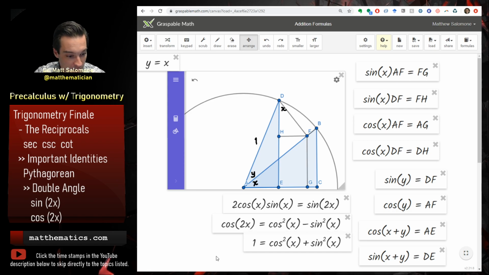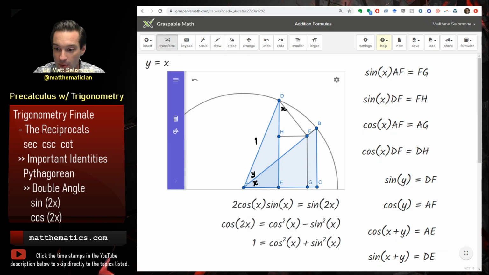On the one hand, the double angle formula for cosine says that the cosine of 2x is the difference of cosine squared minus sine squared. On the other hand, Pythagoras says that 1 is equal to the sum of the cosine squared with the sine squared.